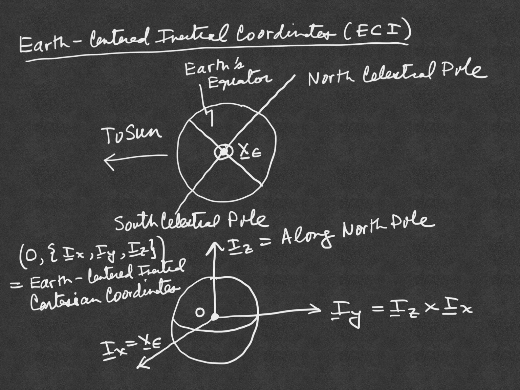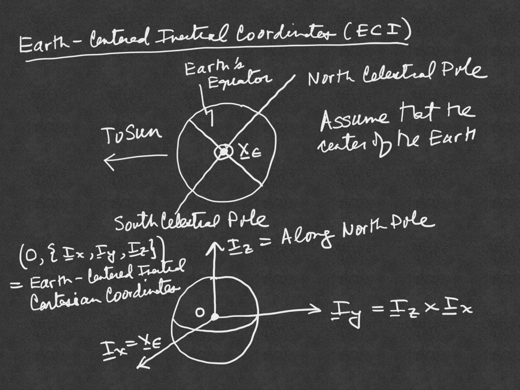So now, if I have a spacecraft, I have a way of being able to determine the position relative to the center of the Earth. And we're going to assume, and this is the last part of this, that because the Earth is moving in this large orbit relative to the sun, its acceleration relative to the sun is quite small. So we're going to assume that the center of the Earth is inertially fixed.